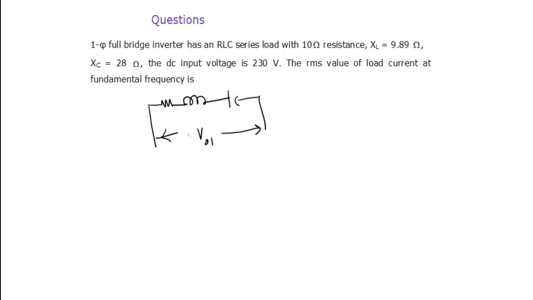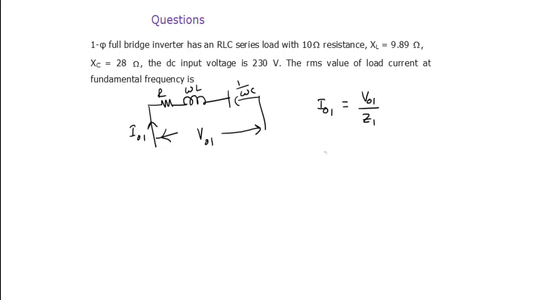Resistance, omega L and 1 by omega C are given. Now we need to calculate I01. As we discussed already, I01 is V01 divided by Z1.